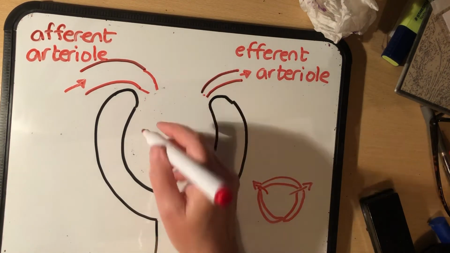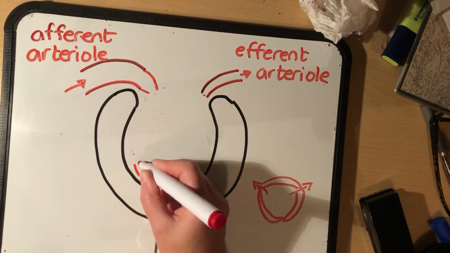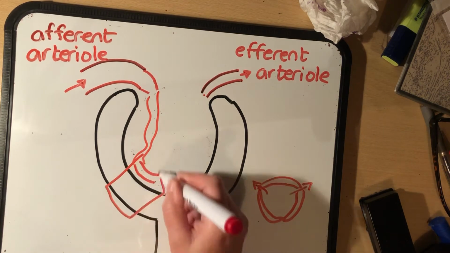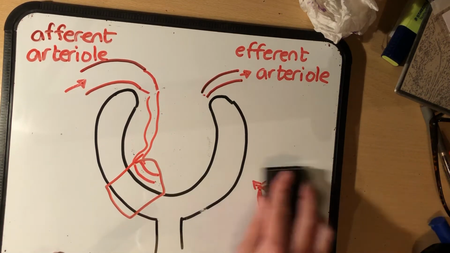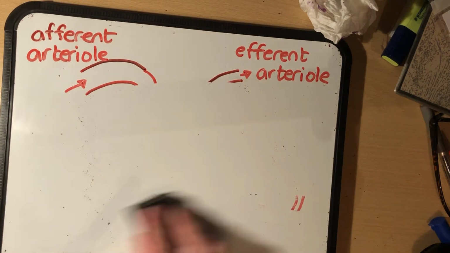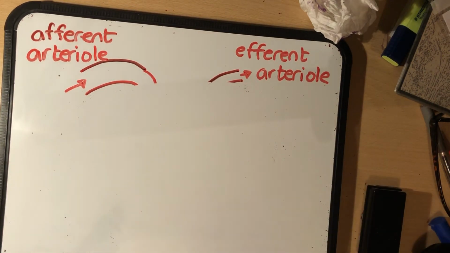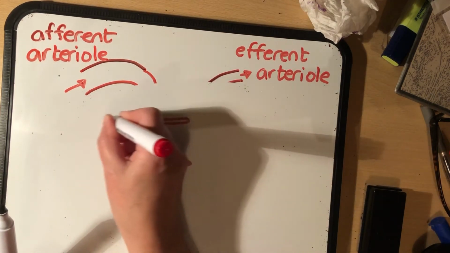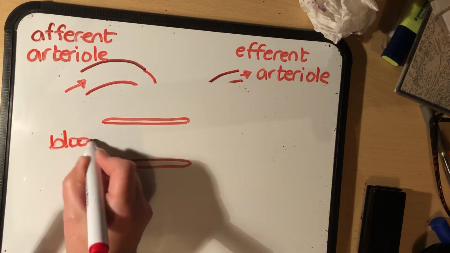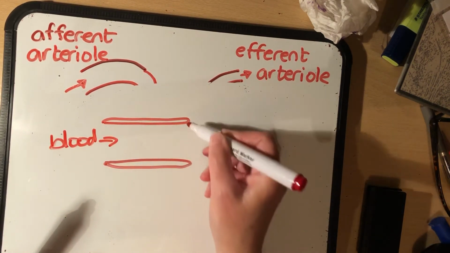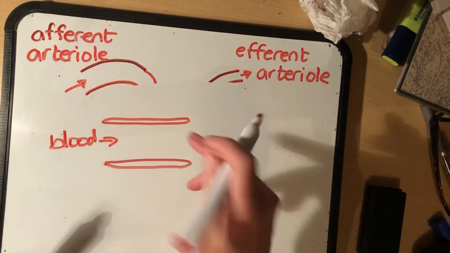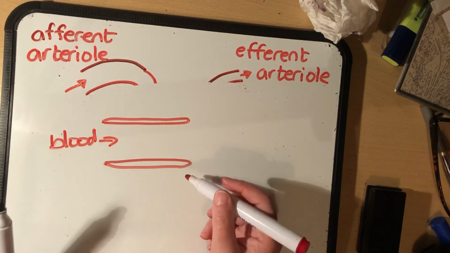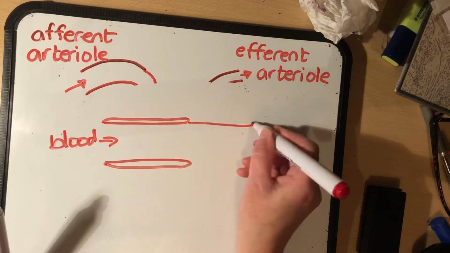Now, the barrier then, if we just look at, say we've got a bit of a capillary here, okay? If we look at this bit here in much more detail, we've got a cross section, there's the blood flowing through there. So if we've cut through the blood capillary, these are the walls at the top and the bottom. The cells are squamous endothelial cells, and there will be tiny little pores in between some of them.